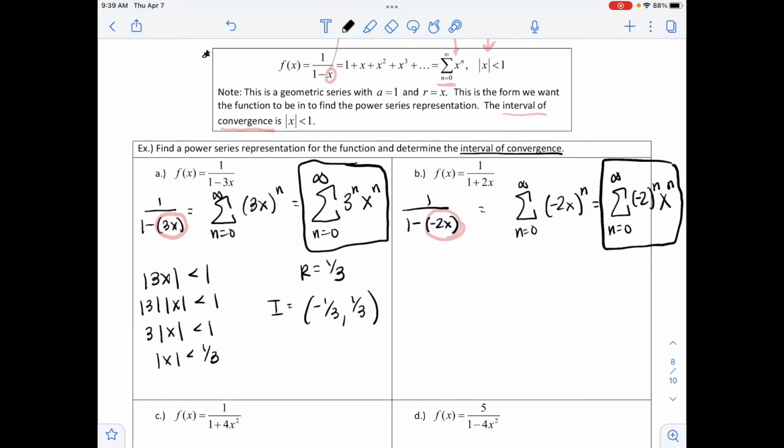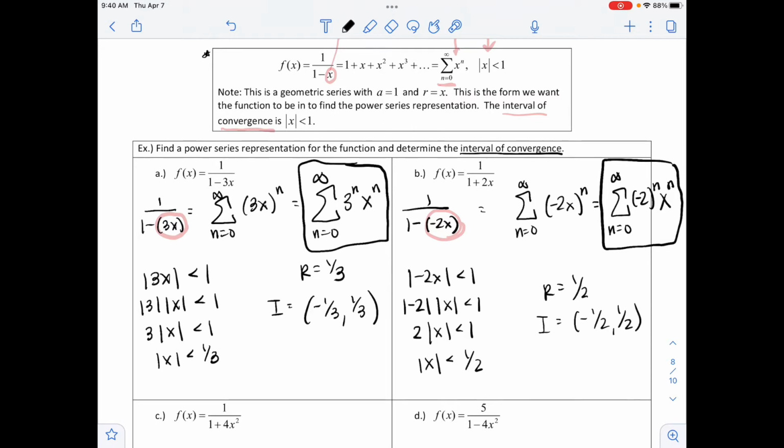To figure out that radius and interval of convergence, we have the absolute value of negative 2x less than 1, or the absolute value of negative 2 times the absolute value of x less than 1, which works out to being 2 times the absolute value of x less than 1, or the absolute value of x less than 1/2, which means that our radius of convergence is 1/2, and our interval is going to be from negative 1/2 to positive 1/2.